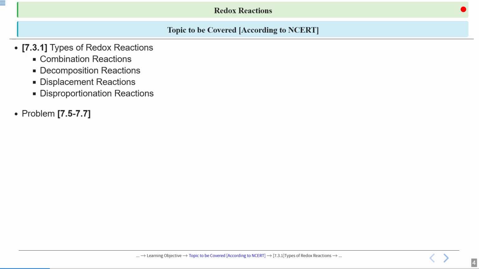We will be solving three NCERT examples, that are 7.5, 7.6 and 7.7, and then we will conclude the lecture that we have studied in today's class.